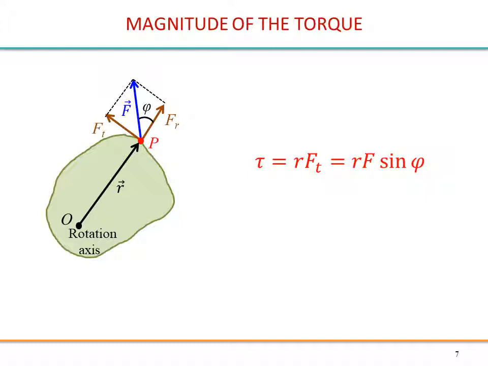Okay, so let's discuss first the magnitude of the torque. We have seen that it is defined as the distance of point P from the axis, so this is r, multiplied by the tangential force. Defining phi as the angle between this line that supports r and F, we see that Ft is in fact F sine phi.